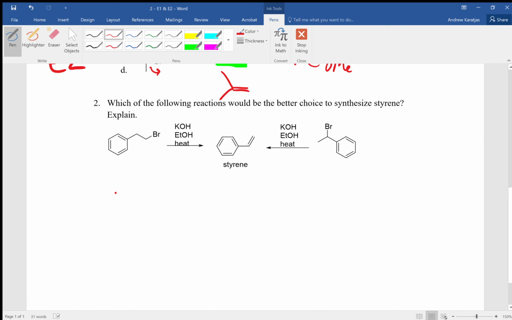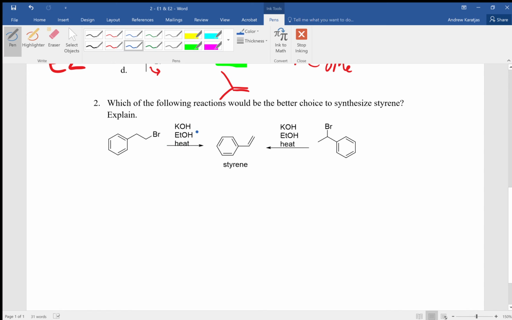Finally, in number 2, I've given you 2 possible eliminations that you could use to make styrene. And I'm telling you based on the question that one of these methods is going to be better than the other. And I want you to try and identify which one that is. Easiest thing to do here is to draw out your mechanisms.